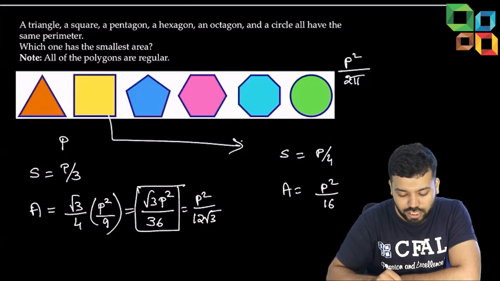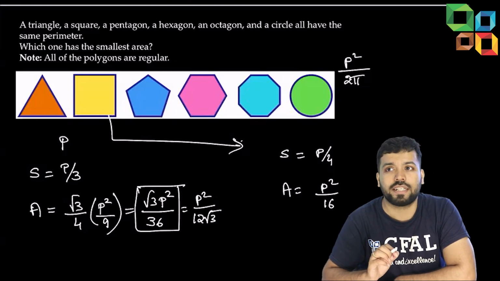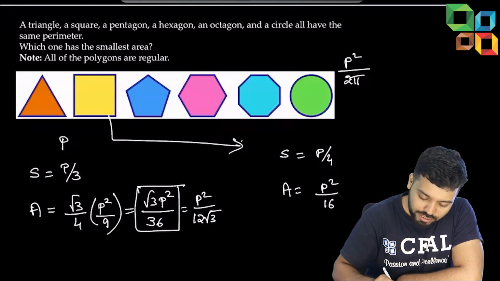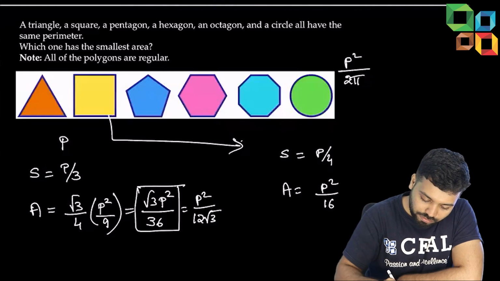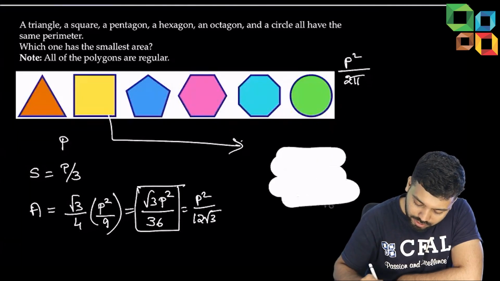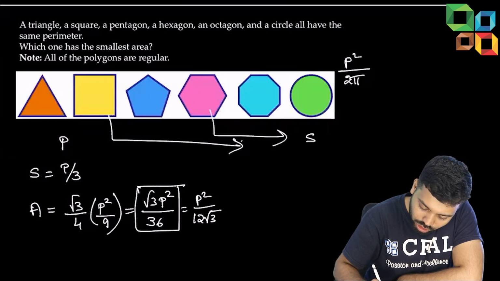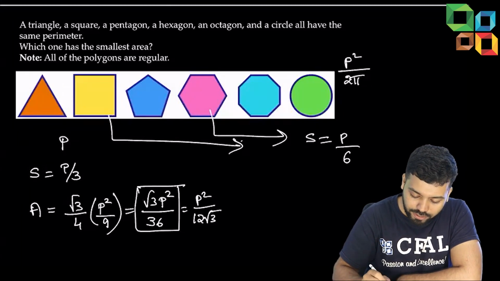Similarly, you can check for the hexagon, because we already know the formula for the hexagon. We'll check for the hexagon now. I'll erase this part. Now the side length of the hexagon will be S equal to P by 6, correct? Because all the sides are equal.